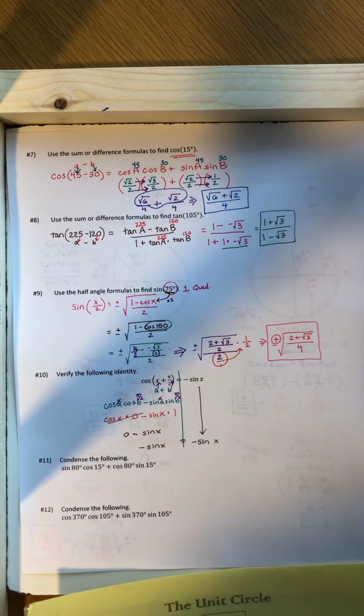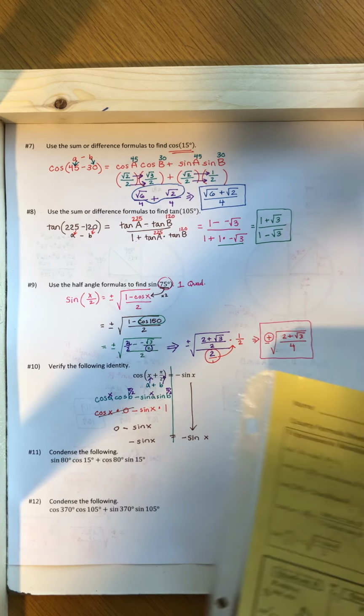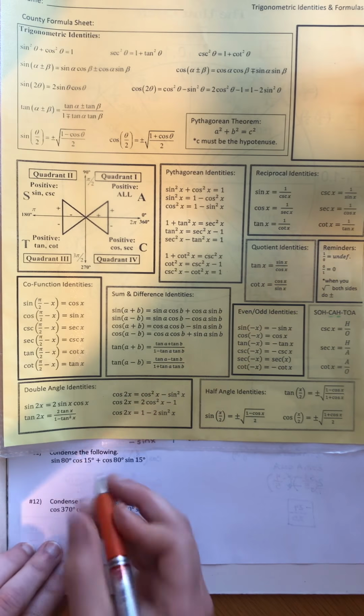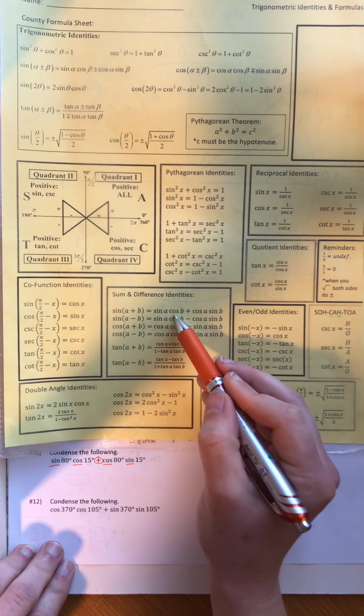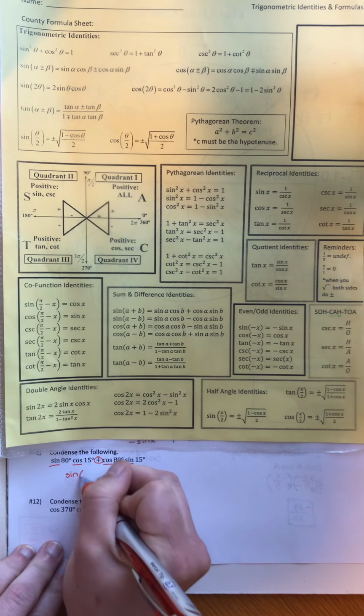Now the very last type of problems, those are problems that we were calling the go backwards problems. So I need to look in the sum or difference identity section, and I want to look at, well, what goes sine cosine plus cosine sine? So sine cosine plus cosine sine, that is the sine of A plus B formula.